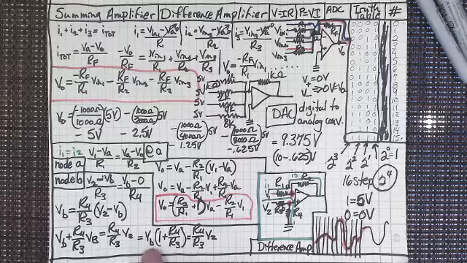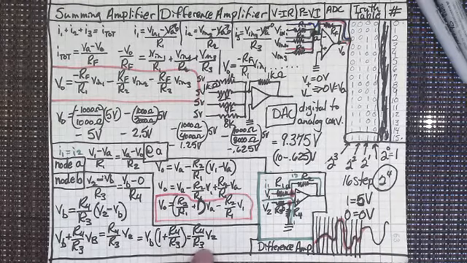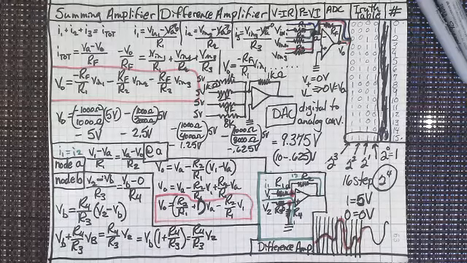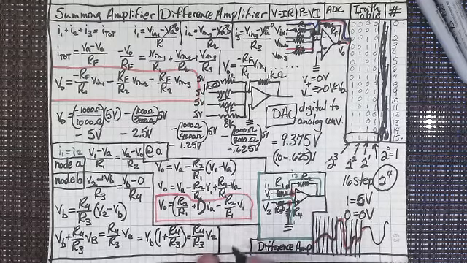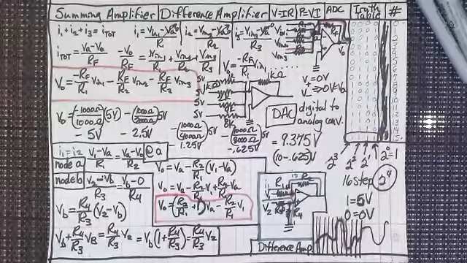Did I do that right? Let's see. V sub B equals R4 over R3 plus R4 times V2. Well, I haven't really gotten there yet, but I've run out of room to solve this for V sub B. I don't think I can really finish that.